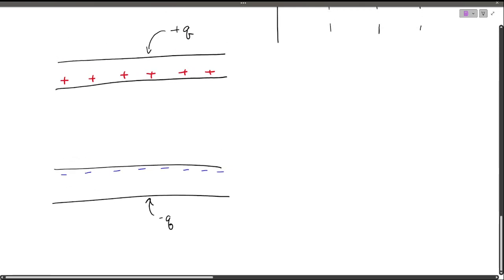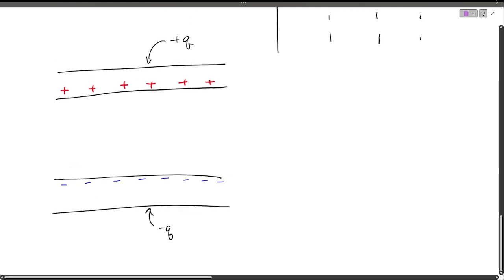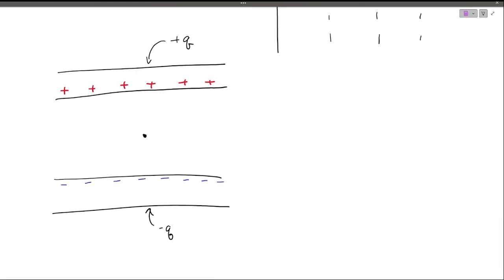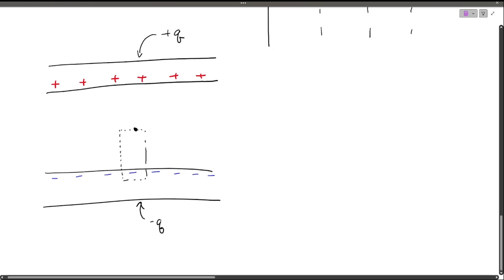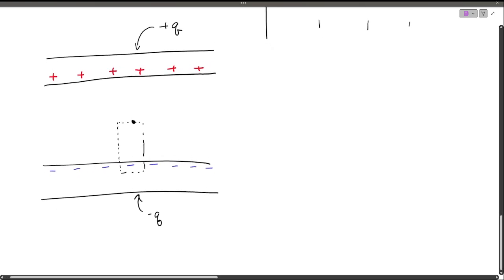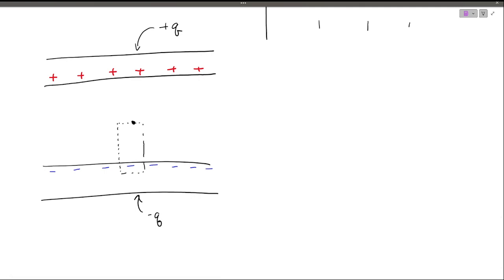And then from there, if we want to find the E field at any random point in the middle, we can draw a Gaussian surface, a cylindrical Gaussian surface. This is from the side, so it looks like a rectangle, but it's actually a cylinder that has that point on its top surface, and it cuts into the plate on the bottom.